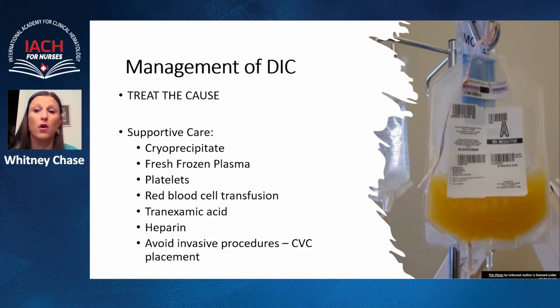Patients who aren't bleeding should have prophylactic anticoagulation unless it's otherwise contraindicated. Non-pharmacologic interventions like avoiding invasive procedures, including placement of tunneled lines or portacaths as able, can help prevent bleeding.